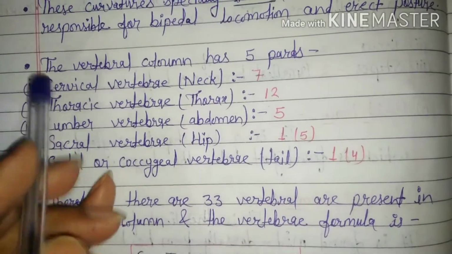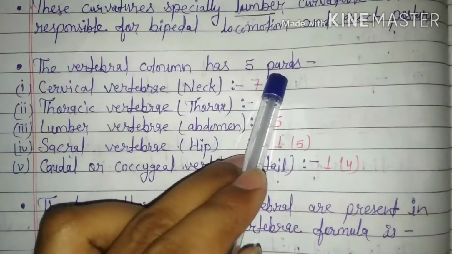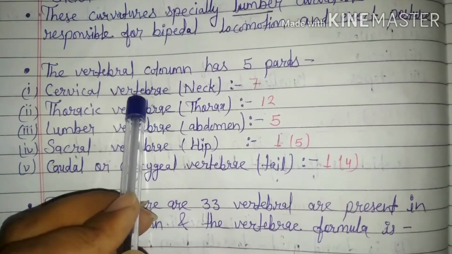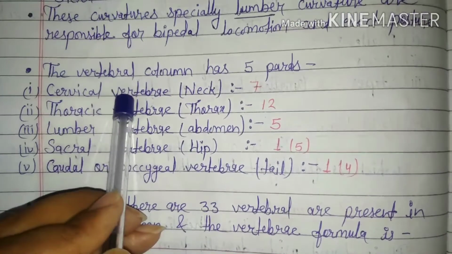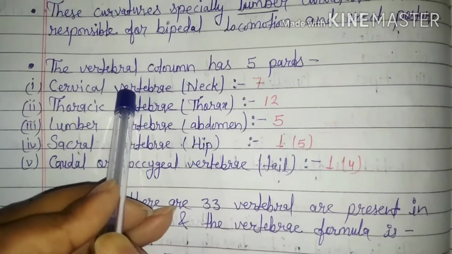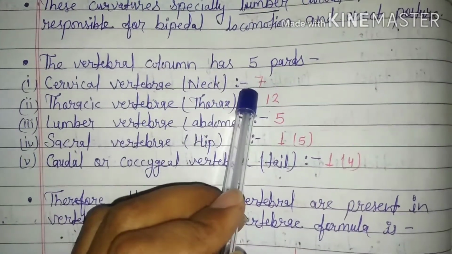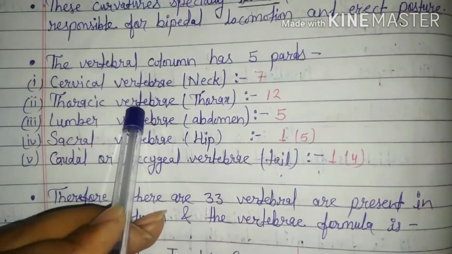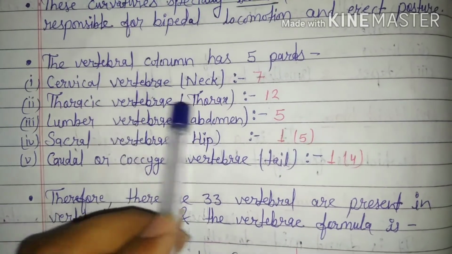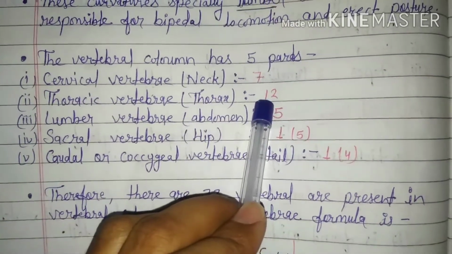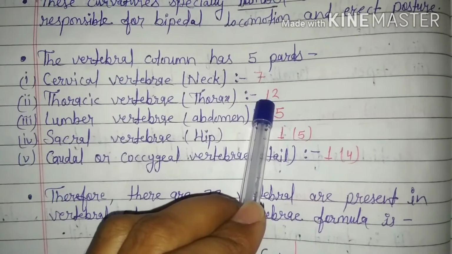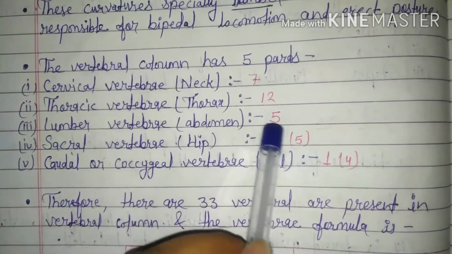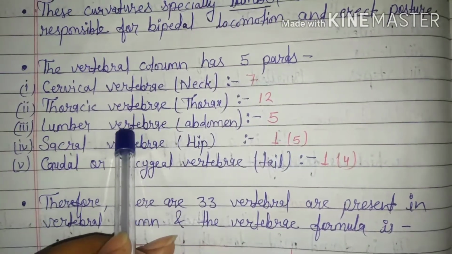So, vertebral column has 5 parts. First, cervical vertebrae. It means cervical region. It consists of 7 cervical vertebrae. In the thoracic region 12 thoracic vertebrae are found. In the lumbar region 5 lumbar vertebrae are present.